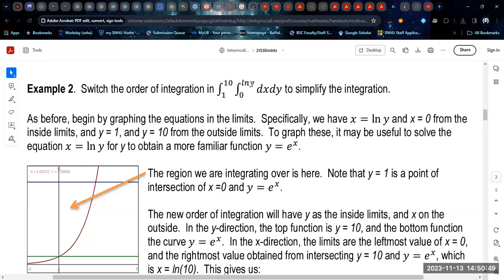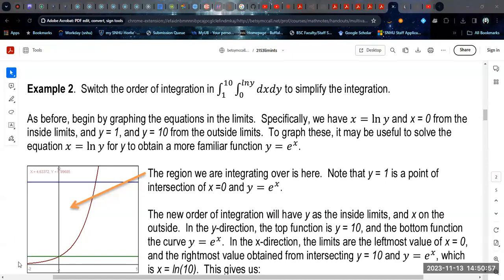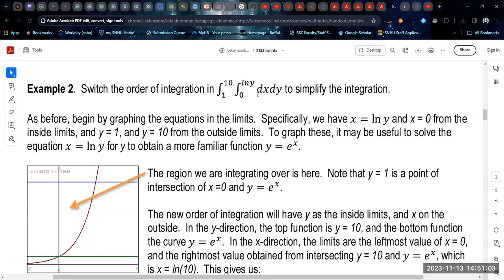So ln y, when we write that down and we solve for y, we get y equals e to the x. So that's this red line here on our graph. We also have x equals 0. So that's this line right there.